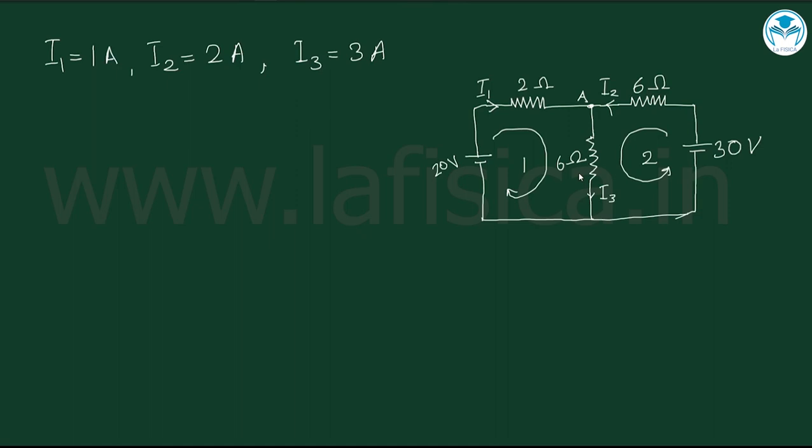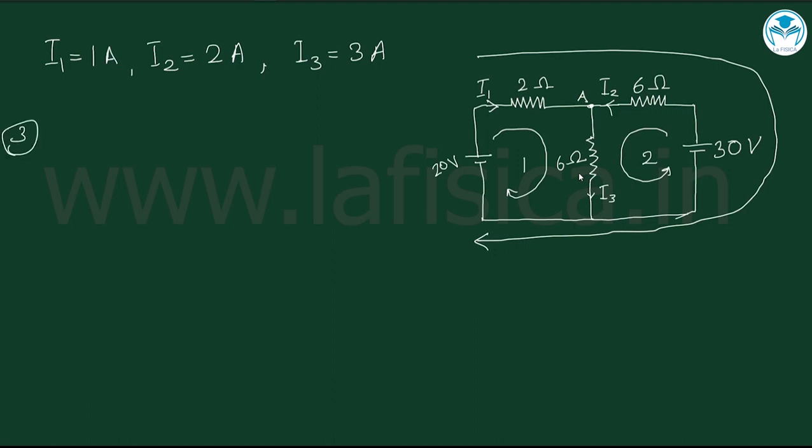Let us check the third loop. We have one more loop like this. In the third loop, we have 20 volt and 30 volt connected reversely. Then I'll write 20 minus 30 volt equal to, the voltage drop here is 2I1. Here the voltage drop is 6I2, which is in the reverse direction.